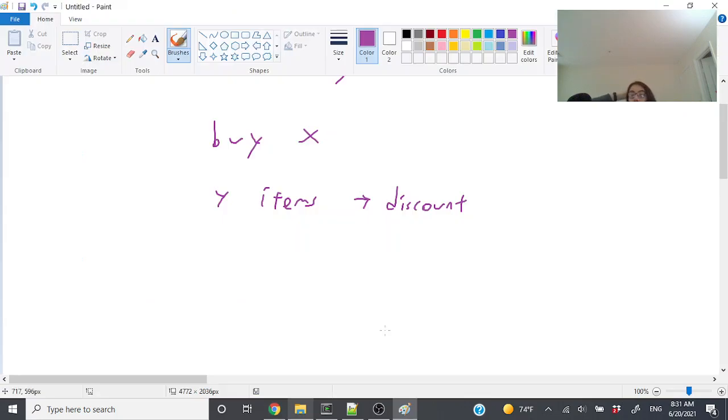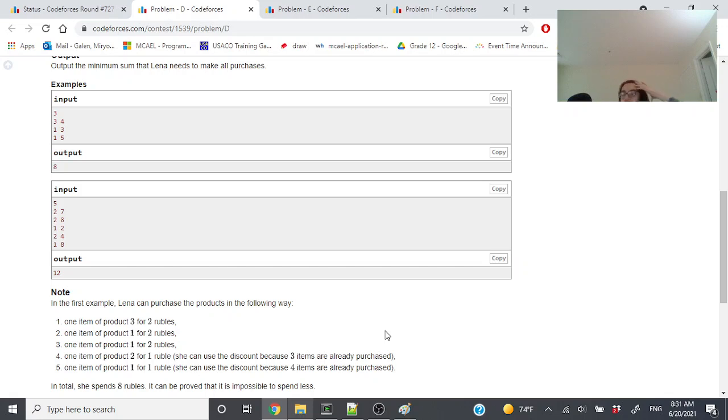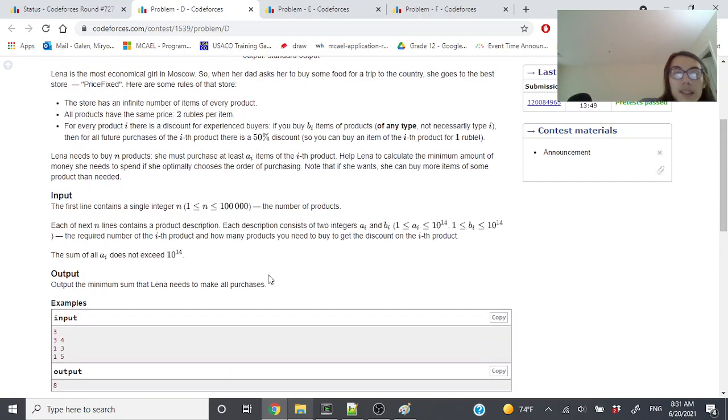So intuitively, you don't want to buy an element from the lowest unless it's discounted. I'm going to call the cheapest item the one that has the lowest requirement. Because when I was doing this problem, I just kept using that word even though I don't mean to. So I'm just going to clarify that the cheapest problem is the one that has the lowest requirement.